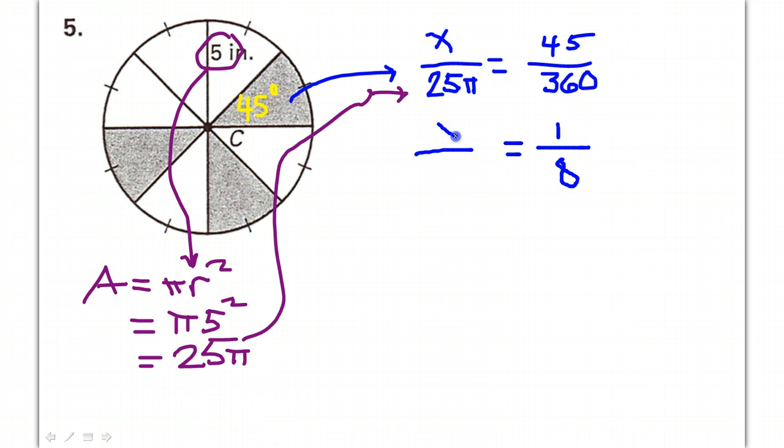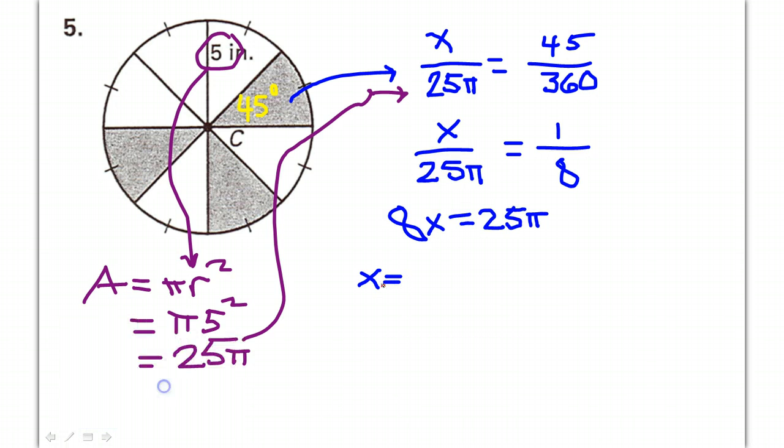Okay, so I've got x over 25 pi. All right, how do I finish off the problem? Cross multiply, so I'm hearing 8x equals 25 pi. That's going to give me, what am I doing now?